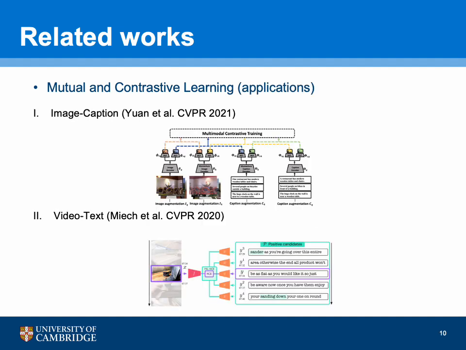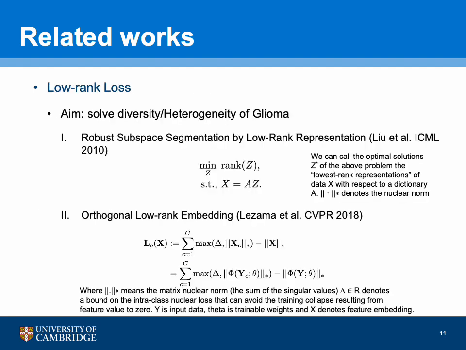Therefore, in recent years, the combination of mutual schemes and contrastive learning was applied to many applications and achieved many successes, such as image captioning and video-text joint representation learning. This is a key reason why we use a similar idea here.